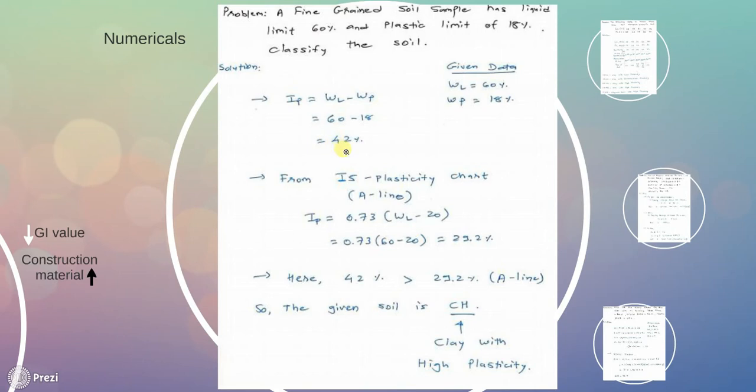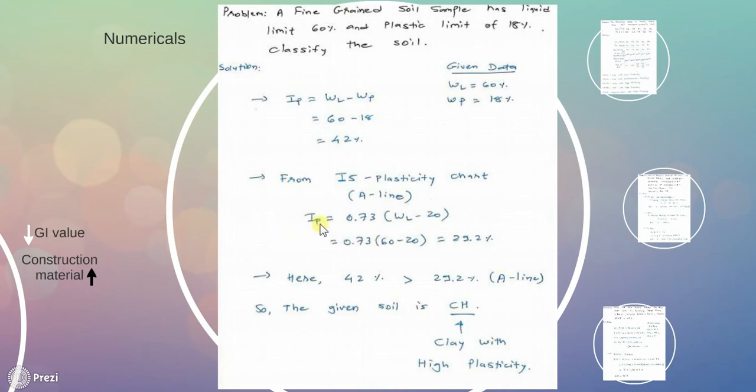From the problem, I know that fine-grained soil is there. That is why I should use the IS plasticity chart, A line chart, which was studied in an earlier video. So the equation for A line is IP equal to 0.73 (WL minus 20). Putting WL value here, I will get IP value as 29.2.